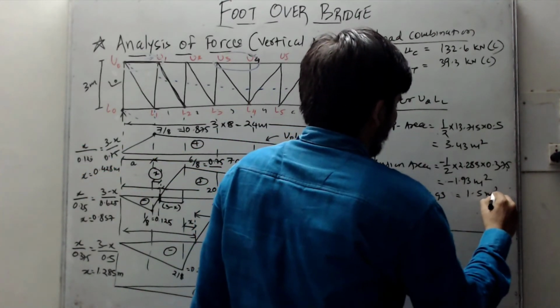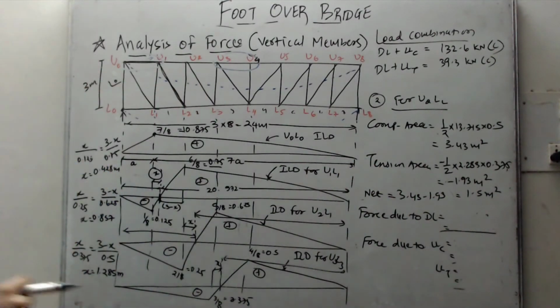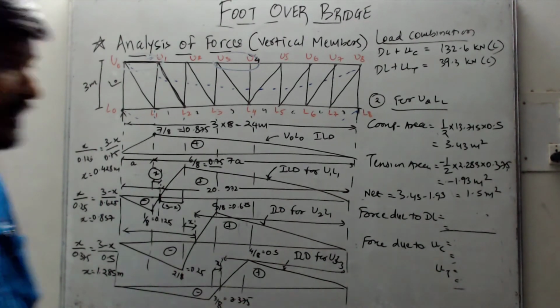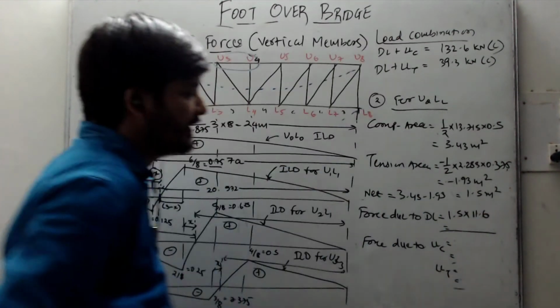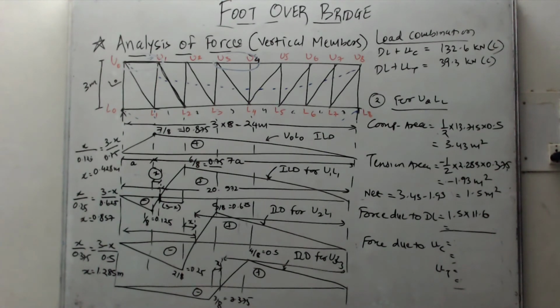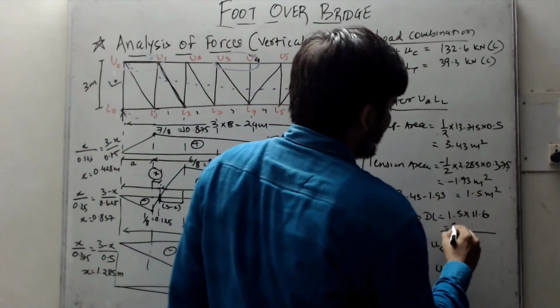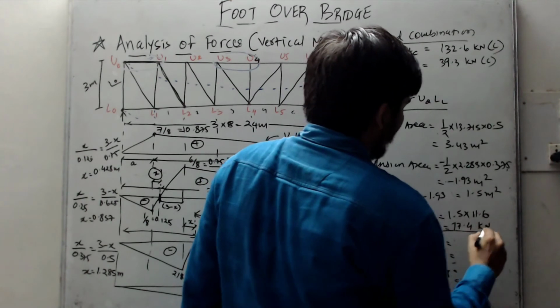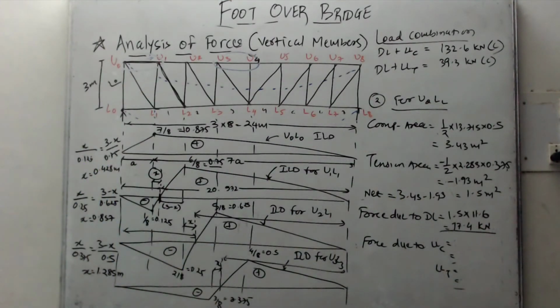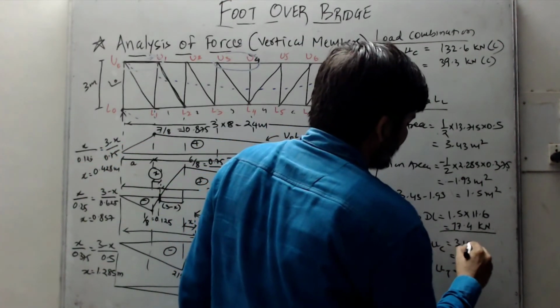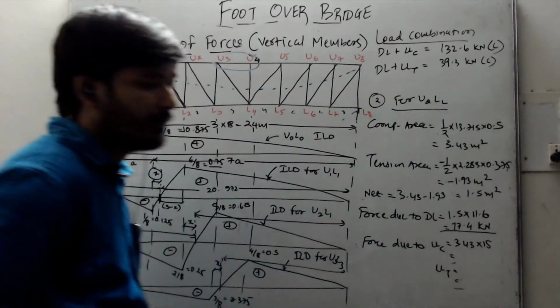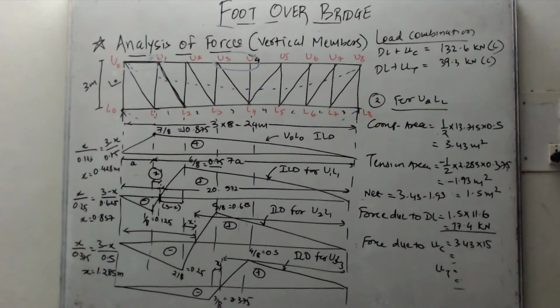Once I get the net area, I can easily calculate force due to dead load and live load. So for dead load, 1.5 multiplied by 11.6. So I am getting this force due to dead load as 17.4 kilonewton. And similarly, for live load compression, it will be 3.43 multiplied by 15, so I am getting this value as 51.45 kilonewton.